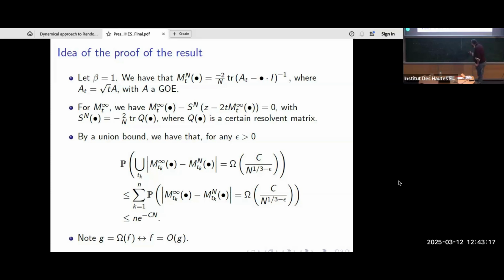A Stieltjes transform is usually given by this type of machinery, mu(dx) over z minus x. You'll see that if you look carefully on the right-hand side at the M_t^N here, this is a Stieltjes transform, but for a new measure, a discrete measure. Usually this is an integral over R of mu(dx) over z minus x.